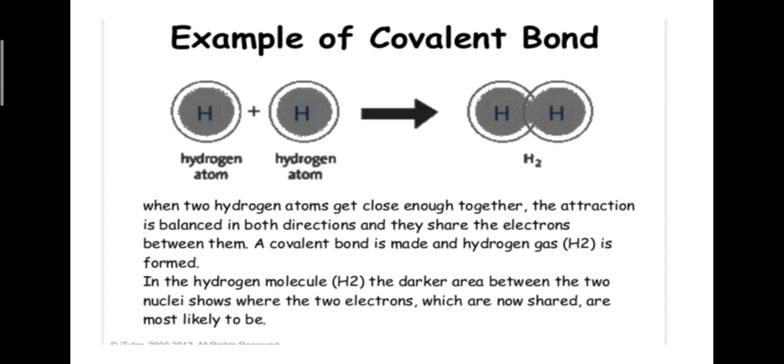The pair of electrons in the overlapped region constitutes a bond, and therefore the hydrogen molecule has a single bond, because here only two atoms of hydrogen are combining, and there are two electrons which are sharing. So this is about the covalent bond.